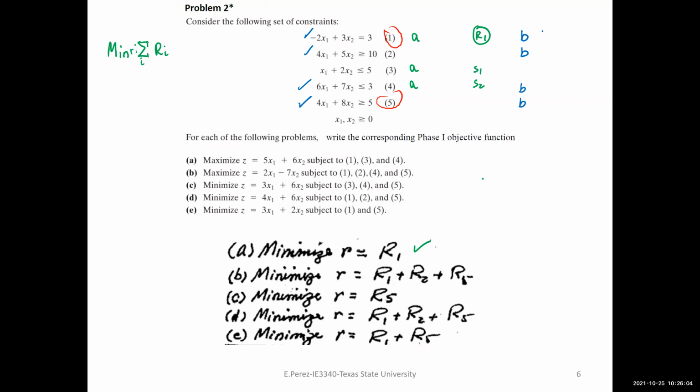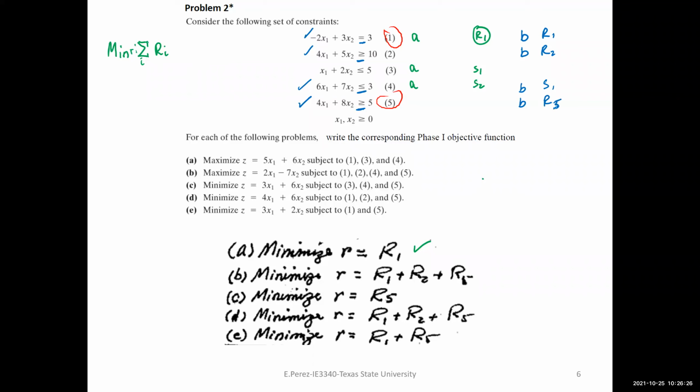Okay, so for the first one, we need an artificial variable because it's an equality. For the second one, we need an artificial variable because this is a greater or equal to constraint. For this one, we don't need an artificial variable because we have a slack. And for this one, we have an artificial variable.